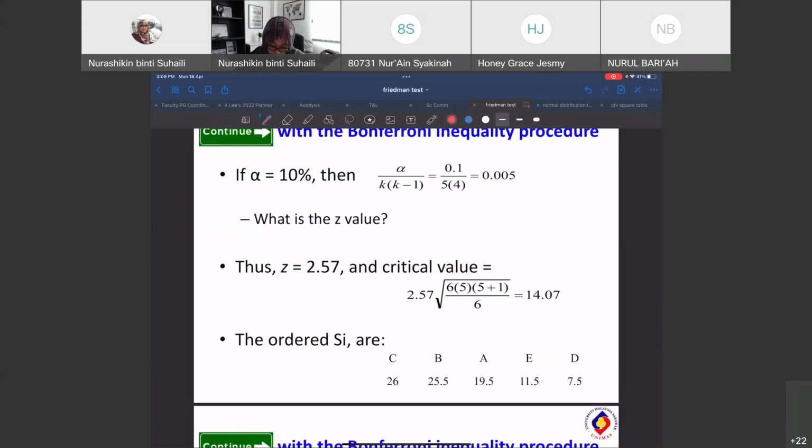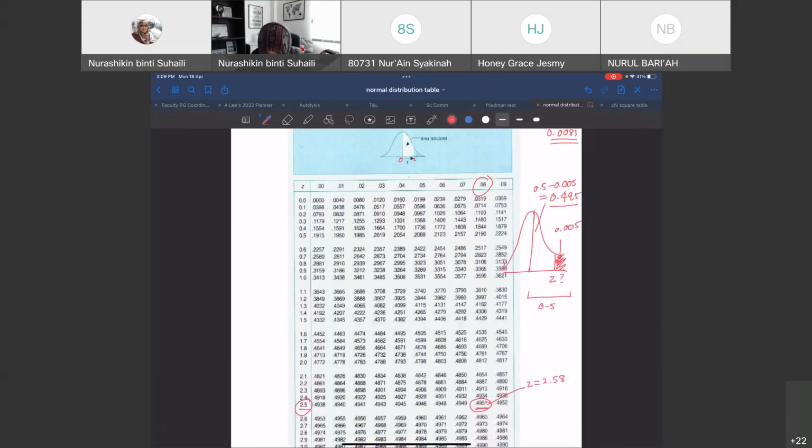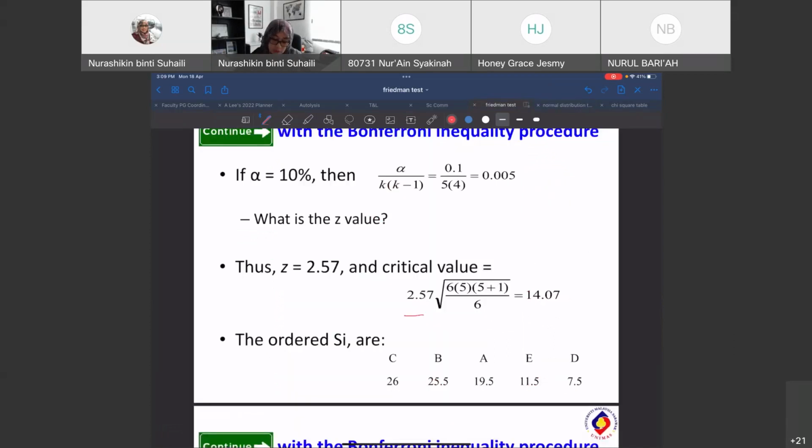Yeah, this one, 2.570. It's actually, if you take this one or the one in the middle, also can. If you round it up, it will be actually 2.58. So there's not really much difference. So you substitute the values, and you got this critical value. This is the critical value.